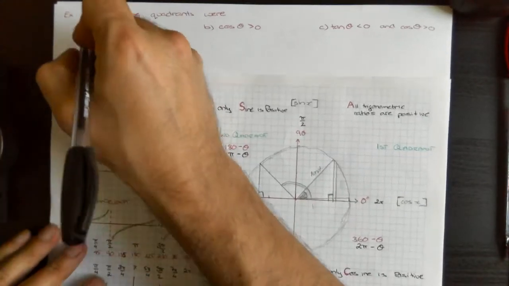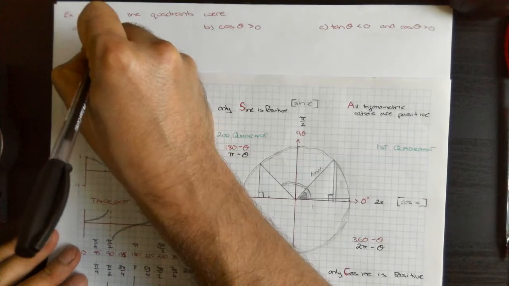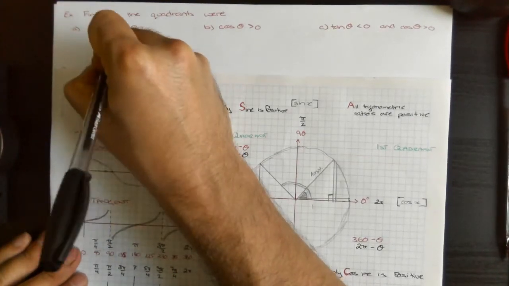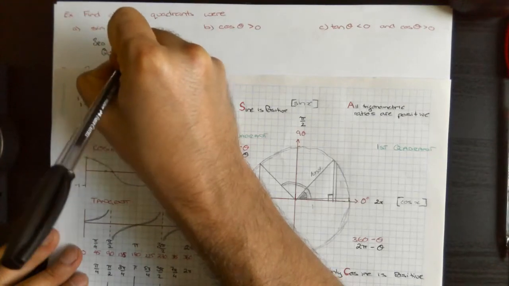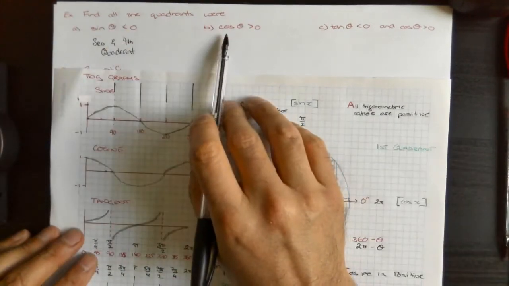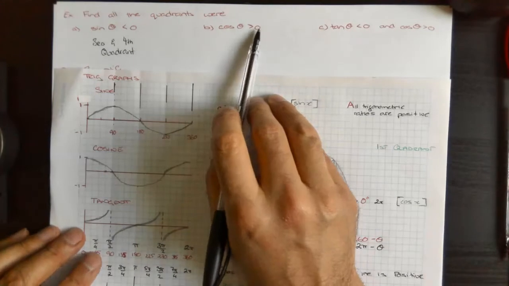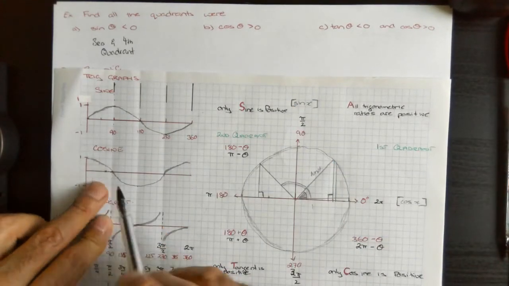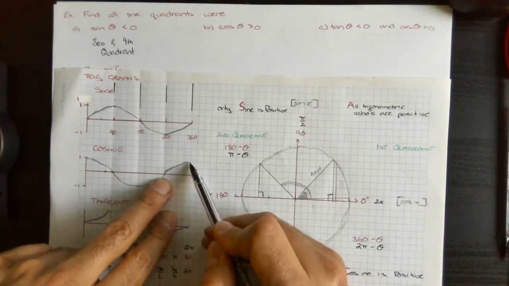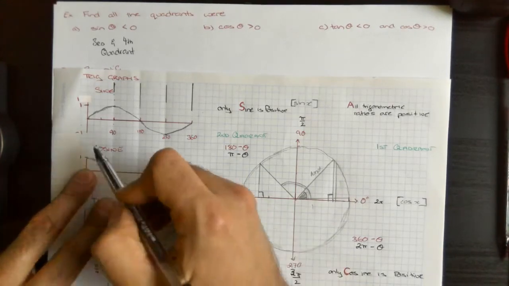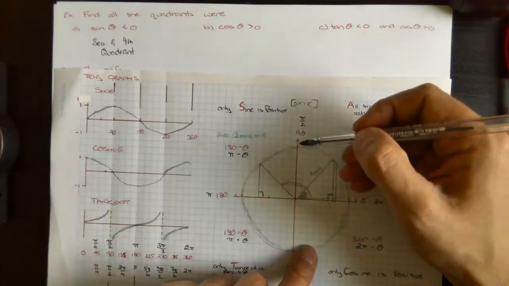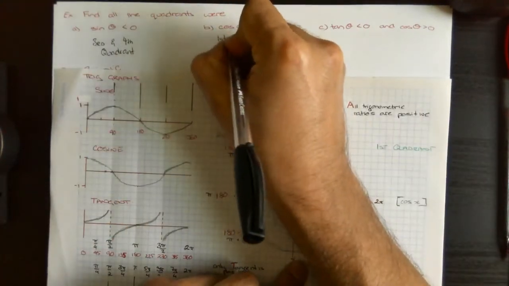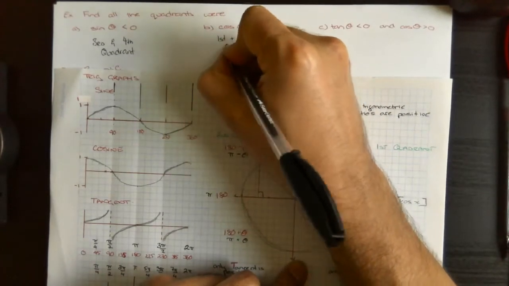So that's going to be the third and fourth quadrant. B, where is cos greater than 0? Well, cos is greater than 0 here between 0 and 90, and from 270 and 360. So this is the first and the fourth quadrant. So it's positive in these quadrants here, the first and fourth quadrant.